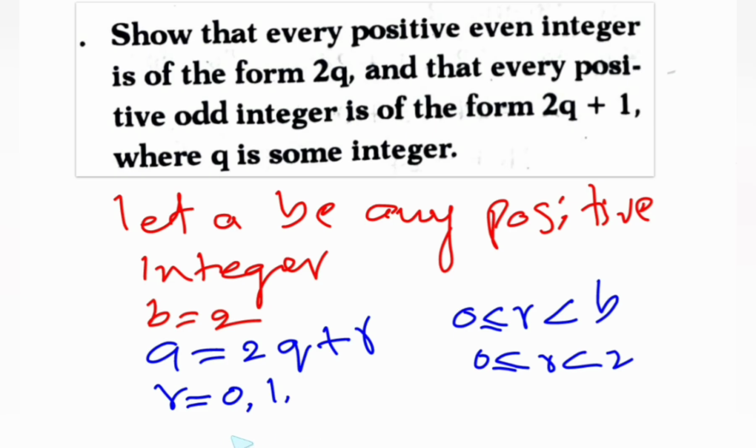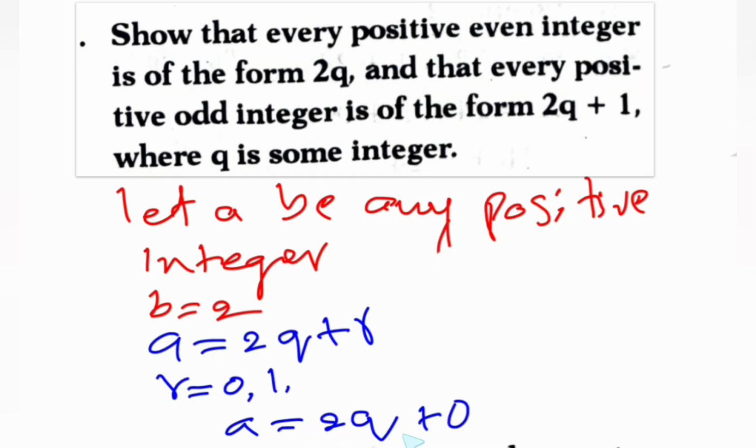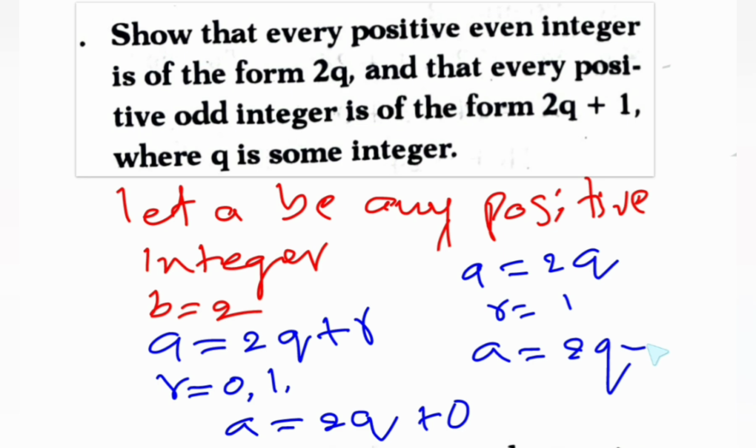Then a is equal to 2q plus 0, so that is a is equal to 2q, where q is greater than 0, and again r equal to 1, then a is equal to 2q plus 1.